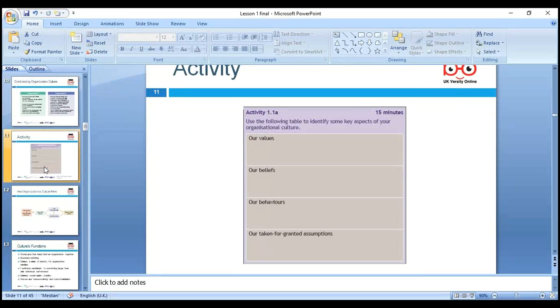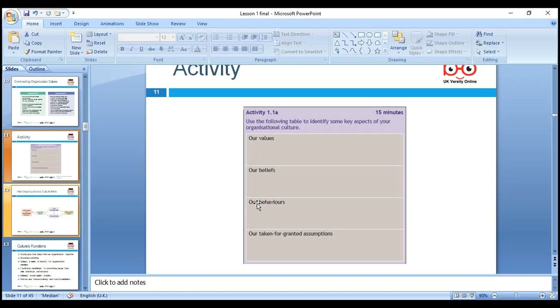Okay. So next we're looking, I just copied one activity for you. You can think about later on as well. If you're working, are you working? Yeah. So maybe you can think about the values of your organization, which are normally written in the mission statement. Maybe you can think about our beliefs as an organization.